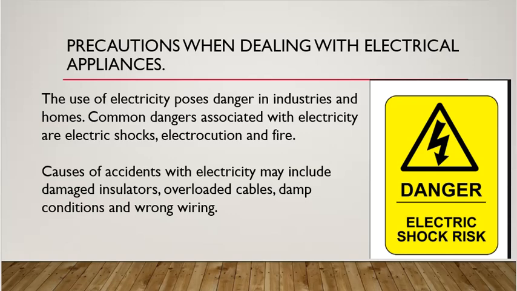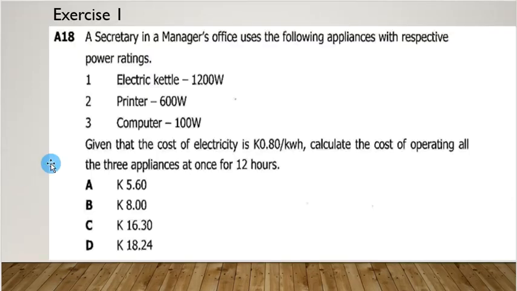Now you can do this exercise. Exercise 1: this question came from a pure paper again, but it's very simple, you can easily manage it. I will read it for you. A secretary in a manager's office uses the following appliances with respective power ratings. 1, an electric kettle rated 1200 watts. 2, a printer rated 600 watts. 3, a computer rated 100 watts.